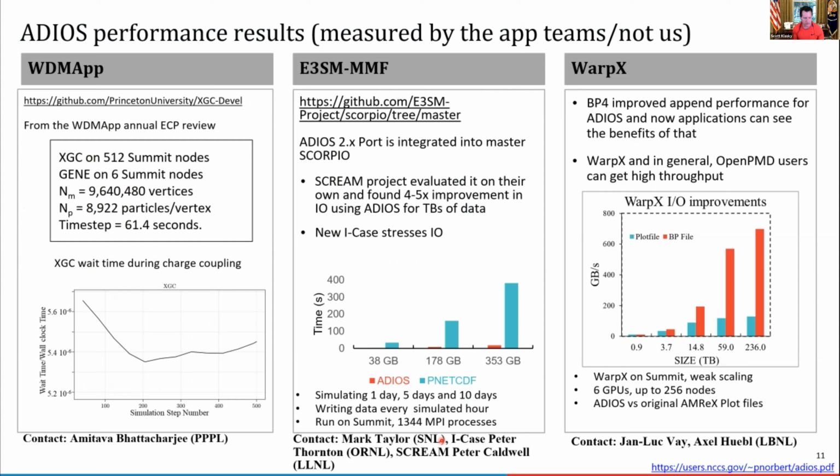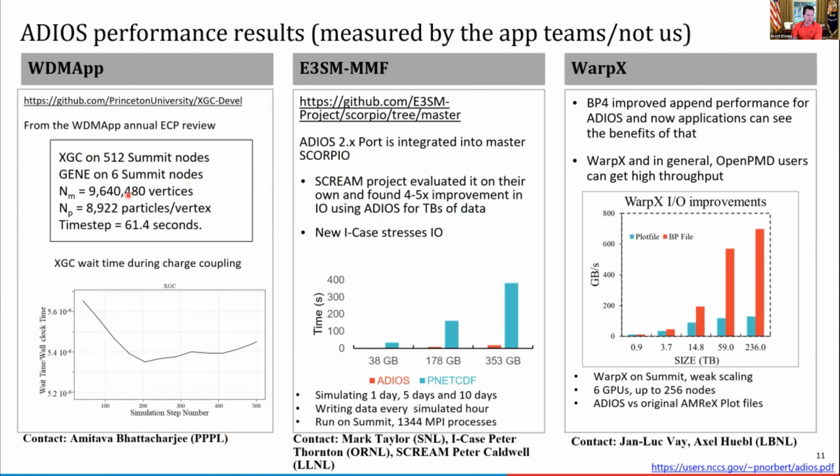Here are some different performance numbers. Again, you can see who's the contact for the various ECP projects. This is actually showing XGC. The author is CS Chang from PPPL, who's the co-deputy for the WDM app. You can go to their GitHub page.